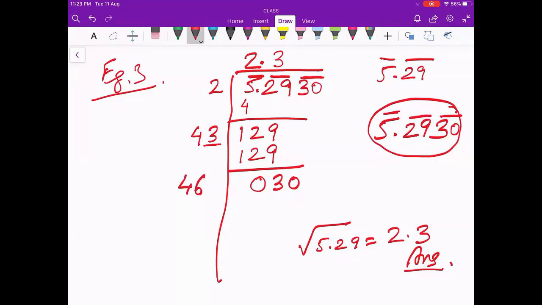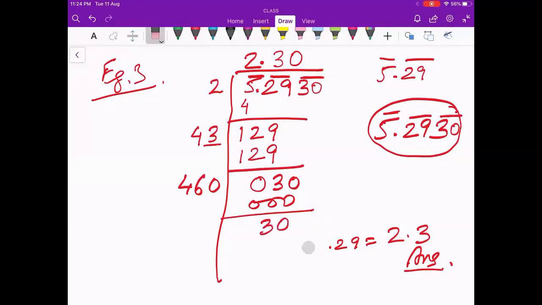Again, we can't write 1 or 2 because then the number would become greater than 30. So we will take 0. So 460 into 0 is 0 only. So that means we get here remainder as 0.